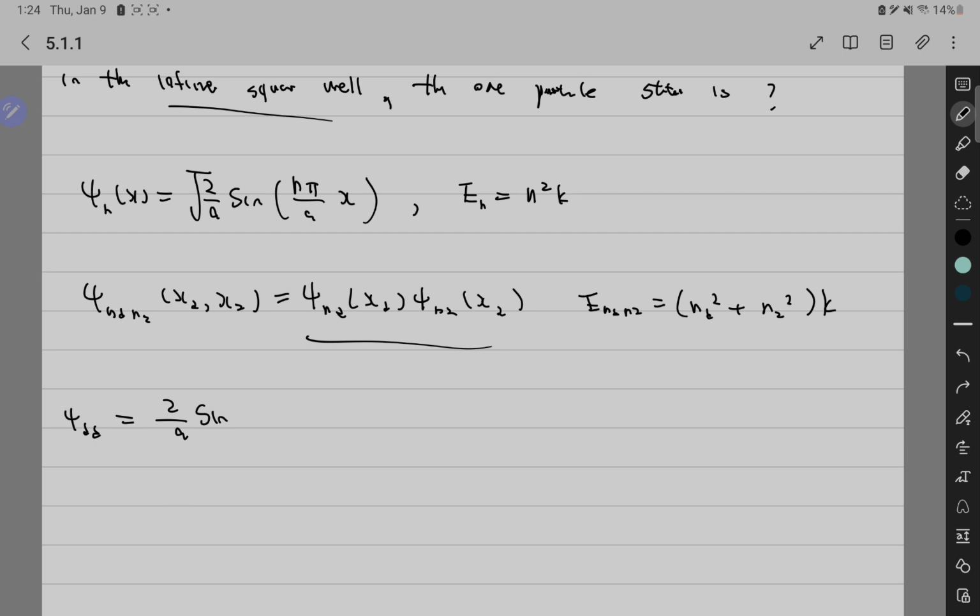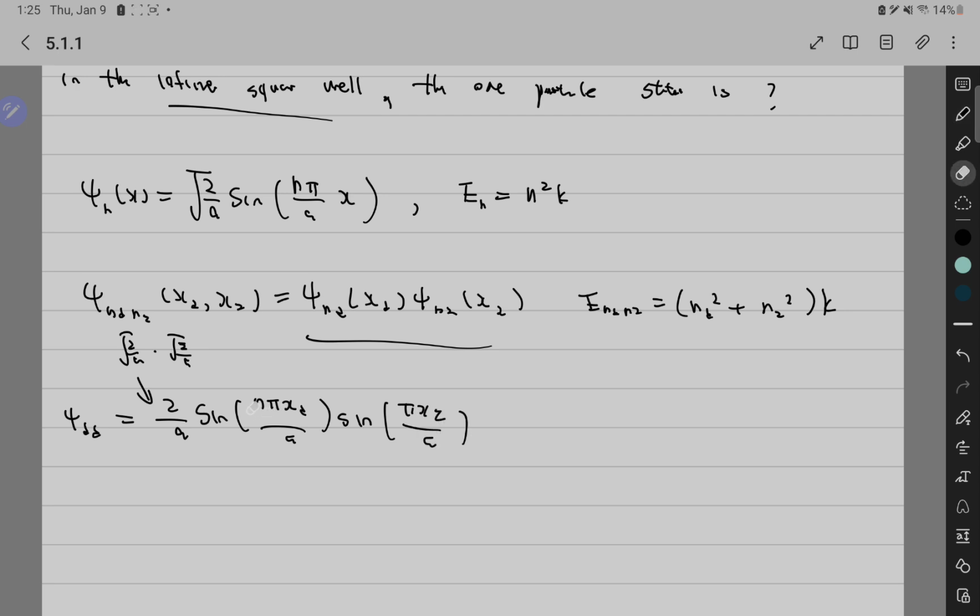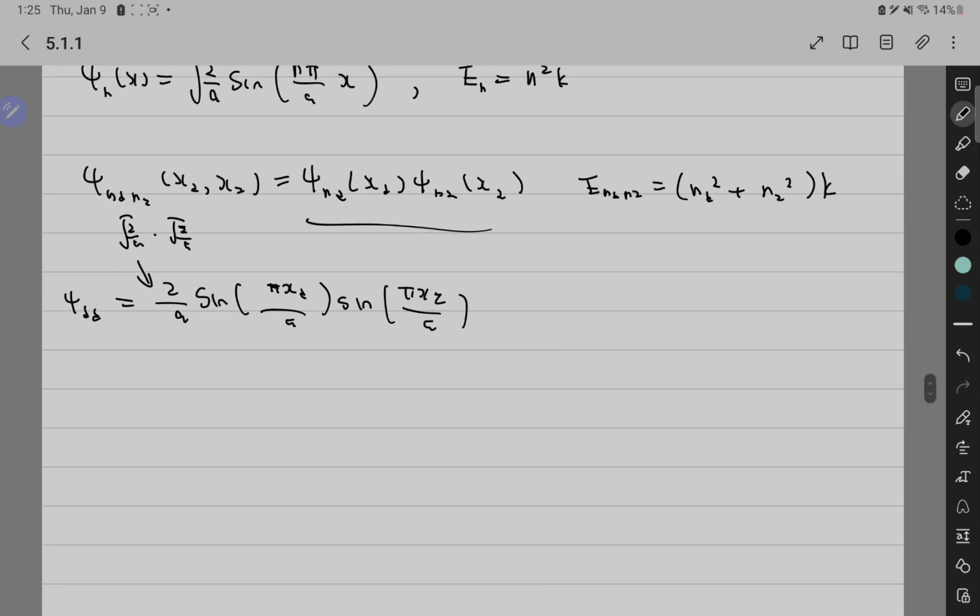So psi 1, 1 would be 2 over a, because this is the result of the square root of 2 over a times the square root of 2 over a, sine of pi x1 over a times sine of pi x2 over a. There's no n here because n is just 1. And the energy here is going to be 1 squared plus 1 squared, times k, which is equal to 2k.